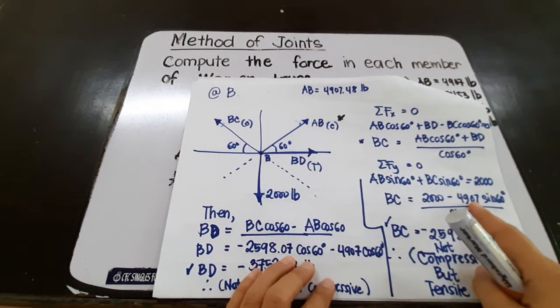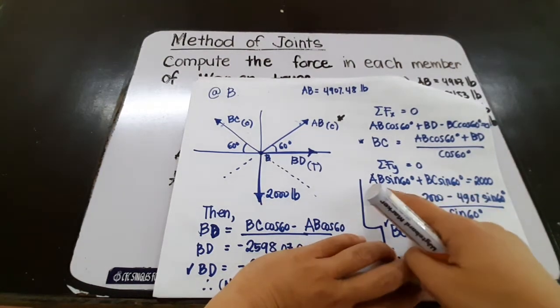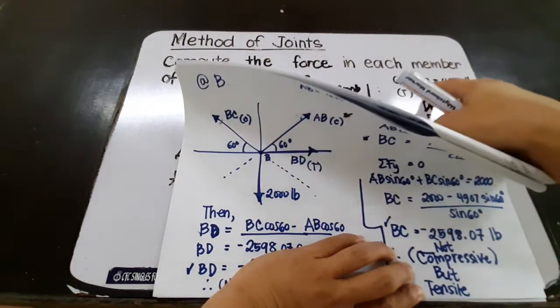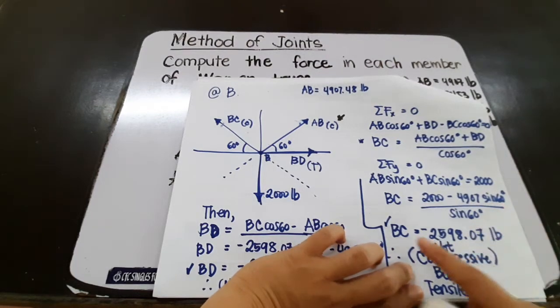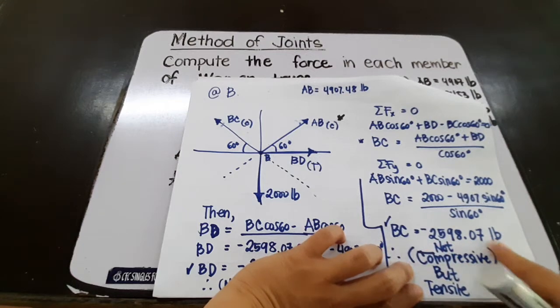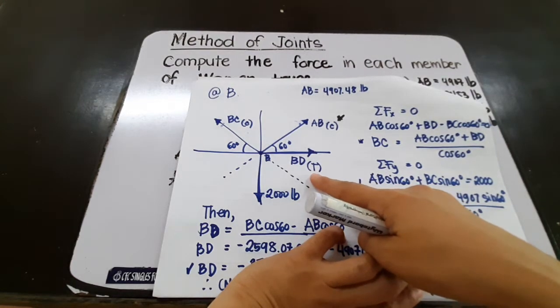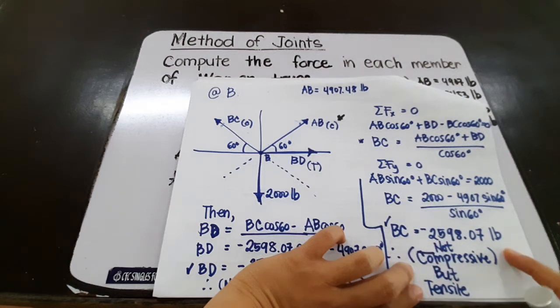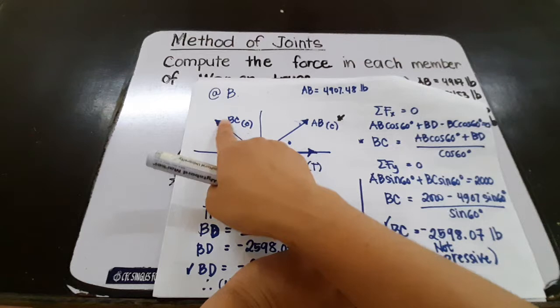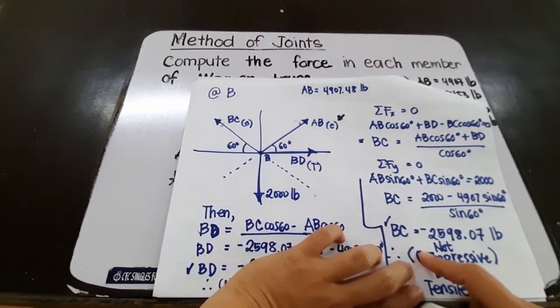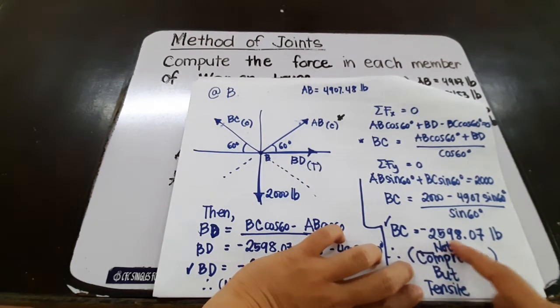Because we have solved for AB previously, so we already have our value for AB sine 60. And so we have BC as a negative value. Our assumption here is that BC is a compressive force, so if BC is a negative value, it means that this is not a compressive force, rather it is a tensile force.